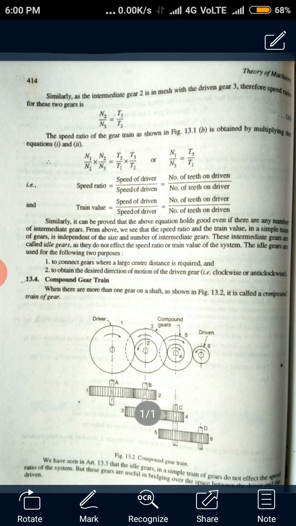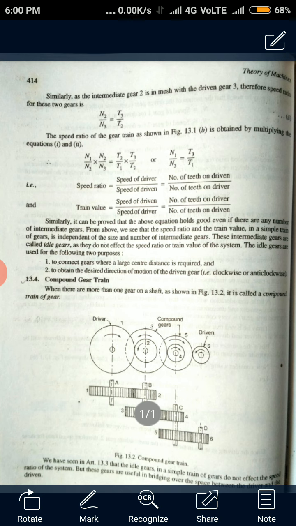One important note you need to observe here: since gear 2 and gear 3 are mounted on shaft B, they have the same speed. The speed of gear 2 will be the same as the speed of gear 3, because they are mounted on the same shaft. Similarly, the speed of gear 4 will be the same as the speed of gear 5, as they are mounted on the same shaft C. Next, at the last, we have shaft D, that is gear 6, the follower.